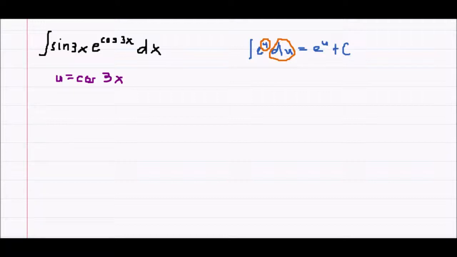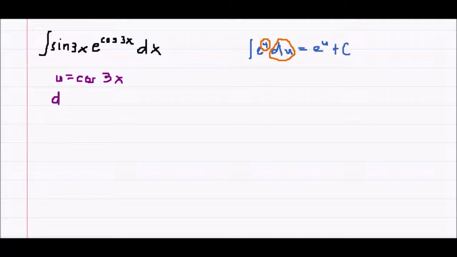You might ask, sir, why is it cosine 3x? Going back to the formula, that is e to the u. So this one also is e to the cosine 3x. So our u must be equal to cosine 3x, because you can say that this is e to the u.